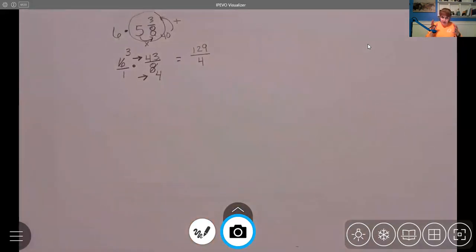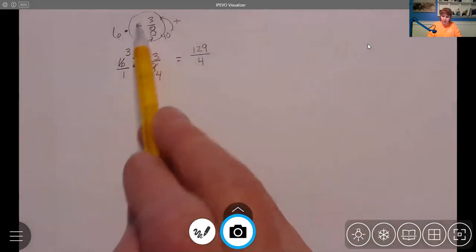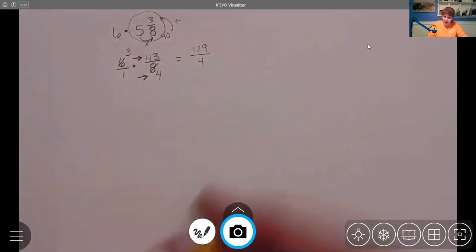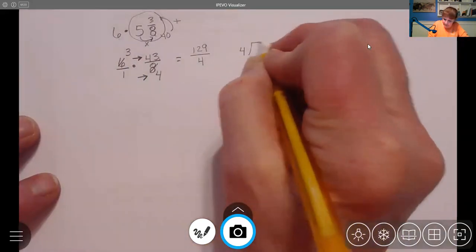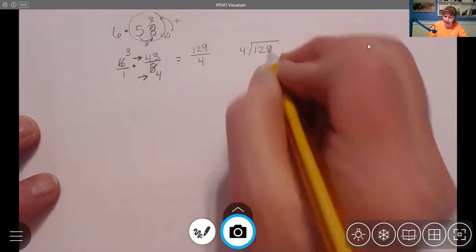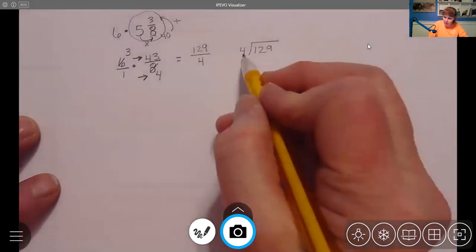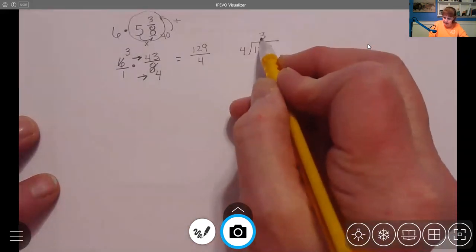Unfortunately, you're not going to be able to stop here. They're going to want you to take this fraction notation and write your answer as a mixed number. So now we have to go back to a template that looks like this, as a mixed number. So we're going to take 4 into 129 and rewrite it as a mixed number. So 4 goes into 12 3 times.